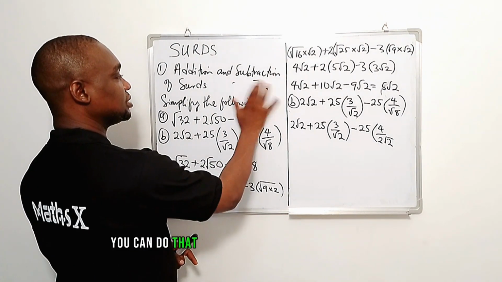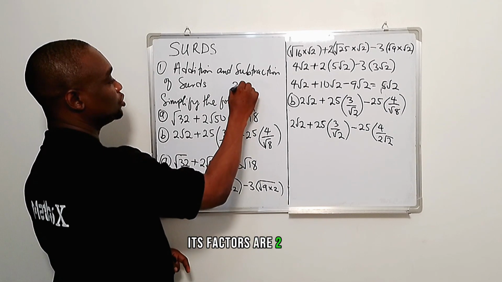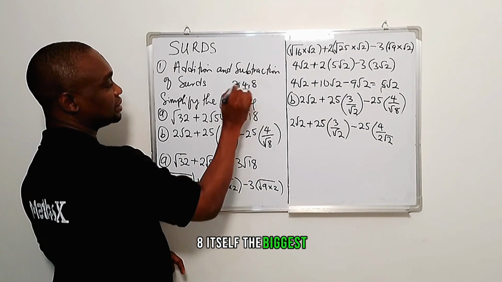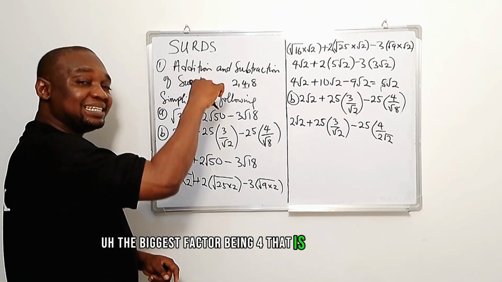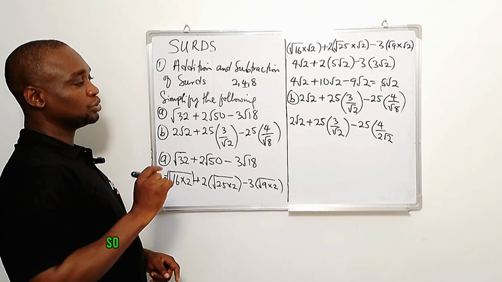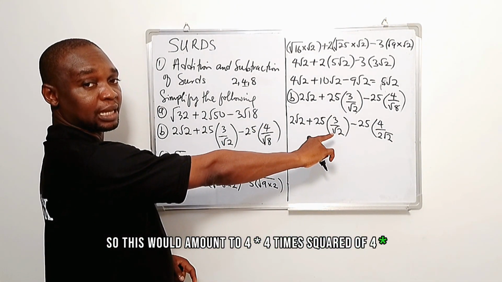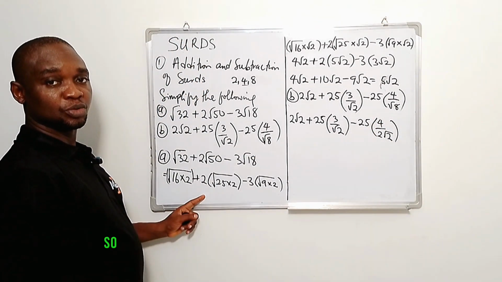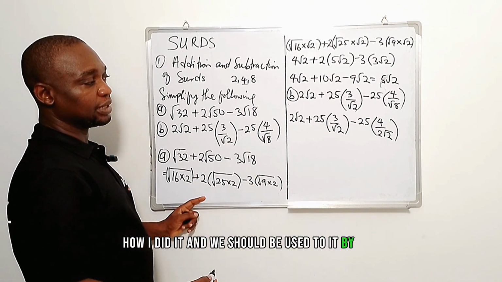You can do that also here if you are not convinced. Its factors are 2, 4, and 8 itself. The biggest factor being 4, that is a perfect square. So this would amount to square root of 4 times 2, which is 2 root 2. I did that here, so I would assume that you would have seen the trick how I did it, and we should be used to it by now.